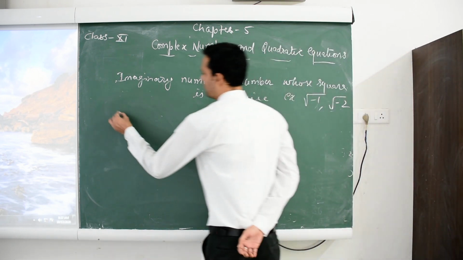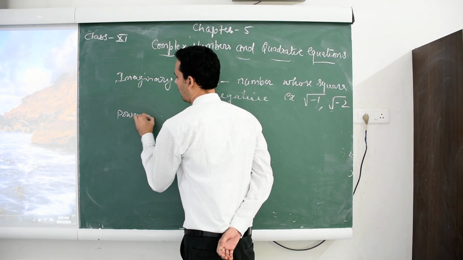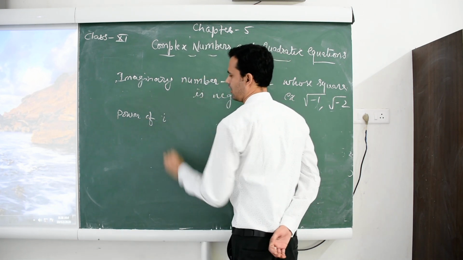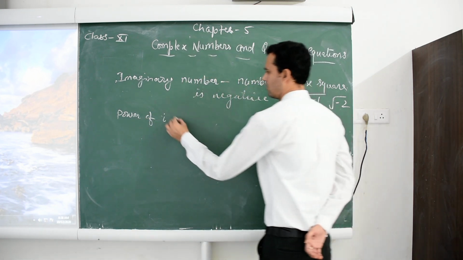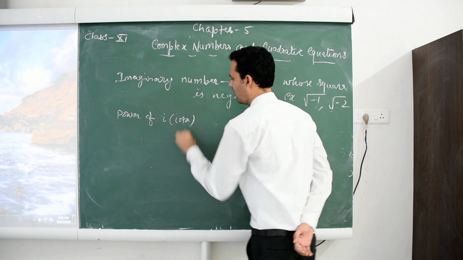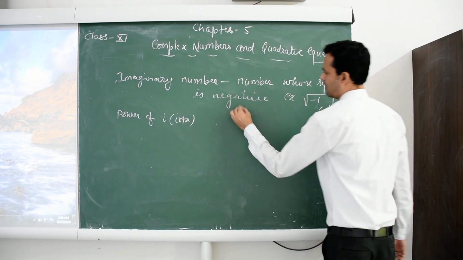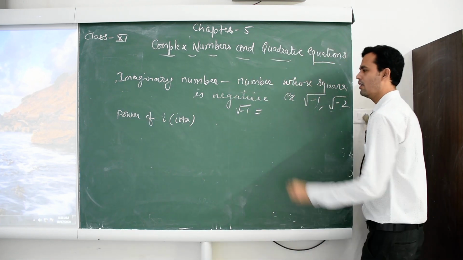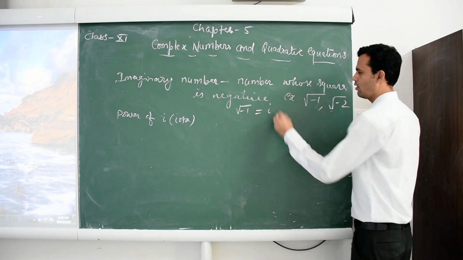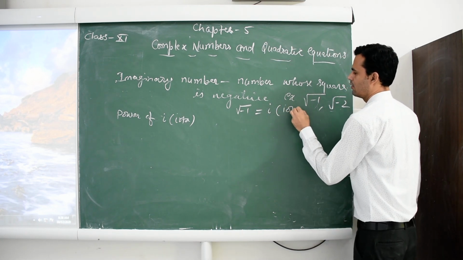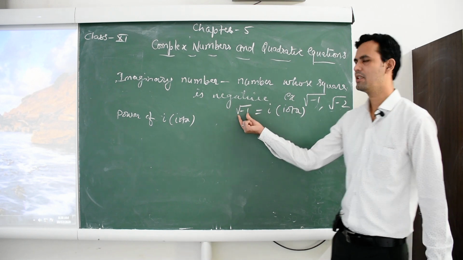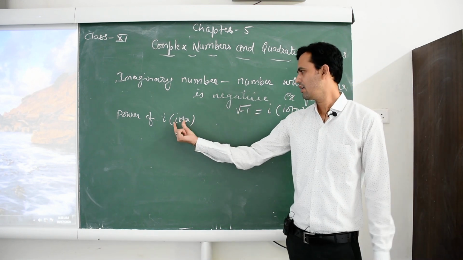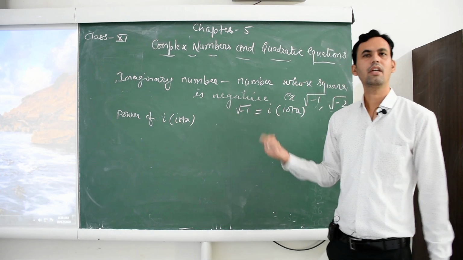Then, power of I or iota. What is iota? This root -1 is called I or iota, in Greek words.